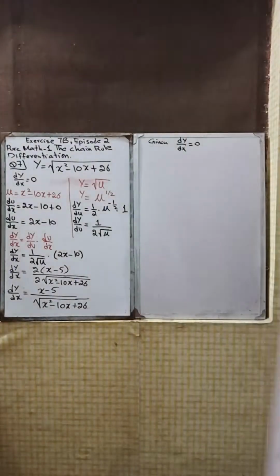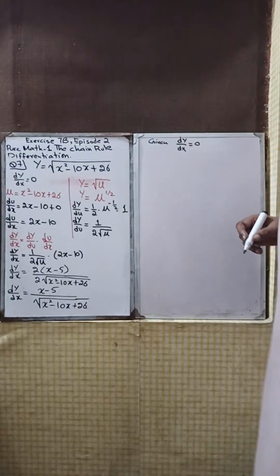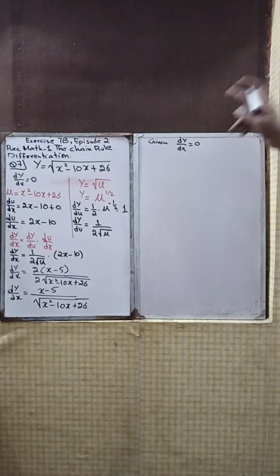The gradient of the curve is 0 at some point, and we have to find out the coordinates of that point. So in the place of dy by dx, I will put this expression, that is x minus 5 divided by the square root of x square minus 10x plus 26, the whole thing is equal to 0.